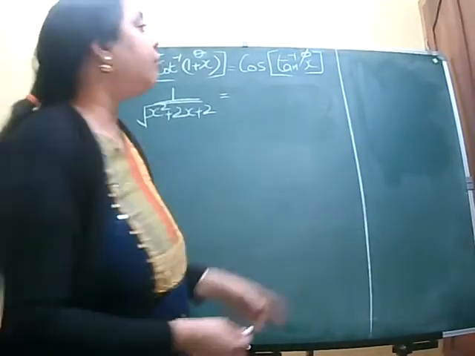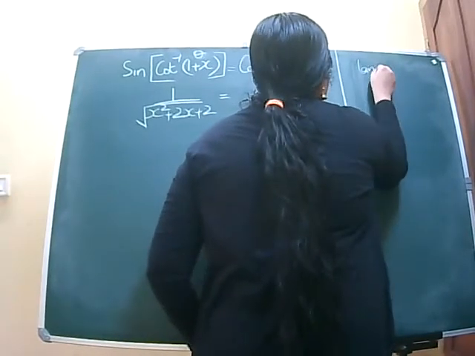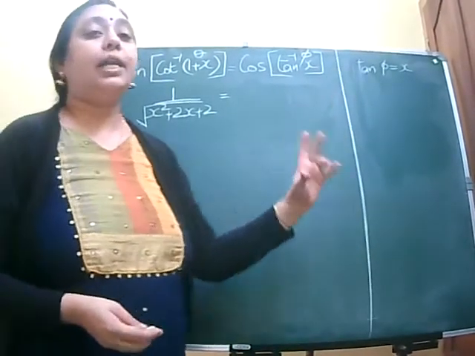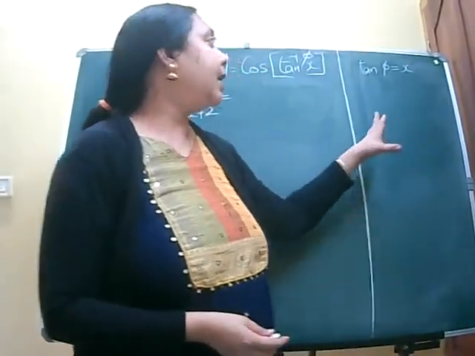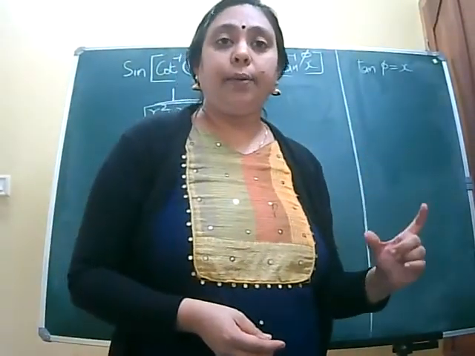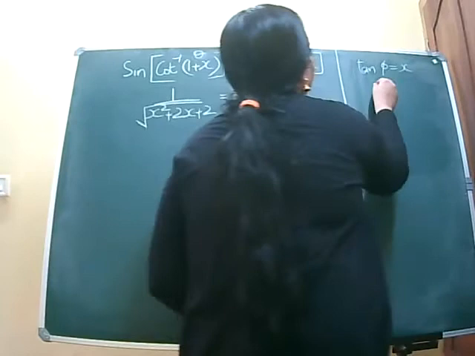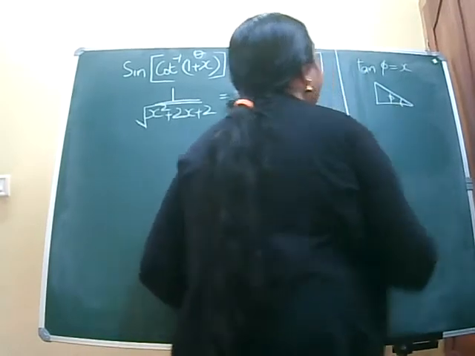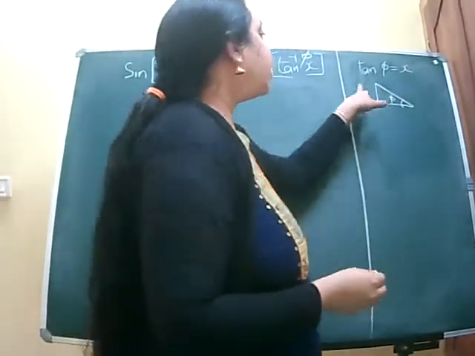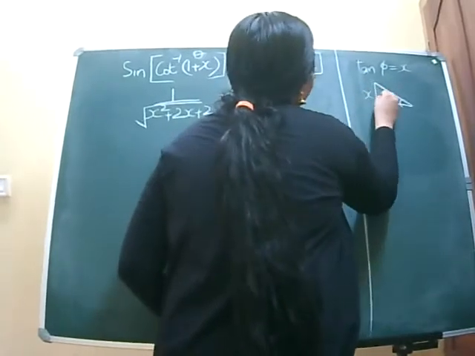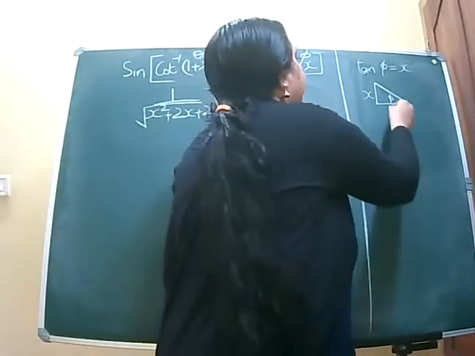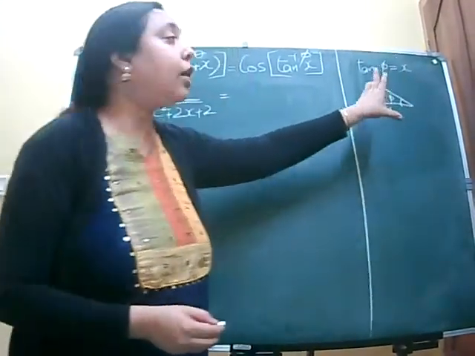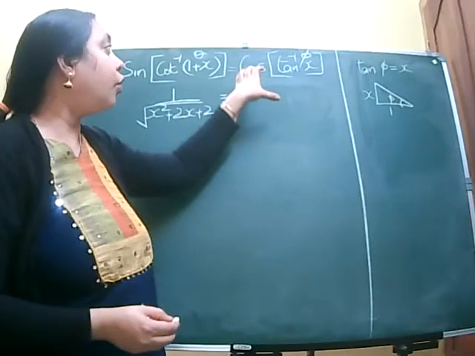That is, we have tan phi is equal to x. Also, by the definition of tan, tan phi is opposite side by adjacent side. From the value of tan phi, we have to find out the value of cos phi.